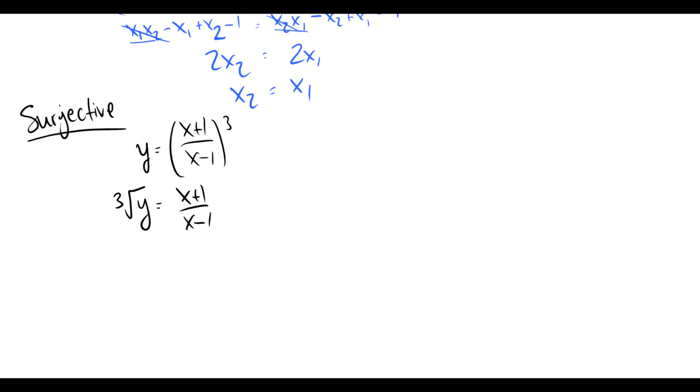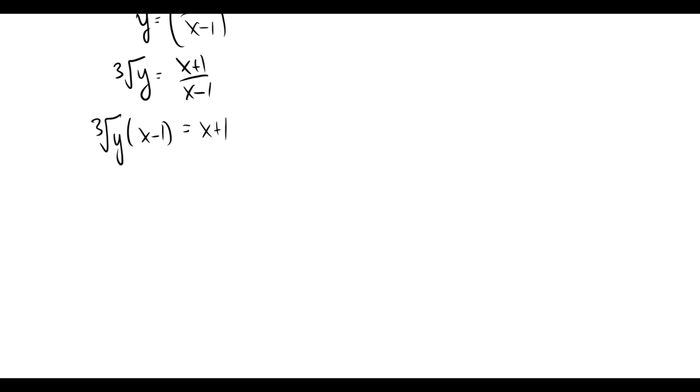This is where it gets tricky. What we have here is the cube root of y times (x-1) is equal to x + 1. Okay, well, let's expand this. So this is the cube root of y times x minus the cube root of y is equal to x + 1.